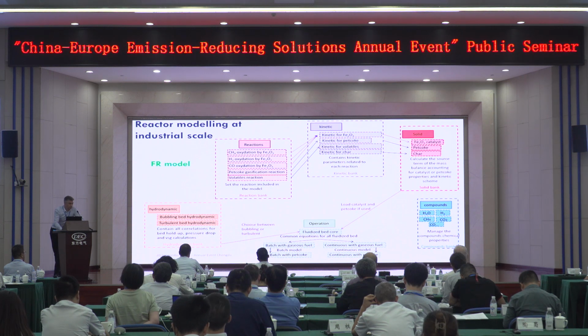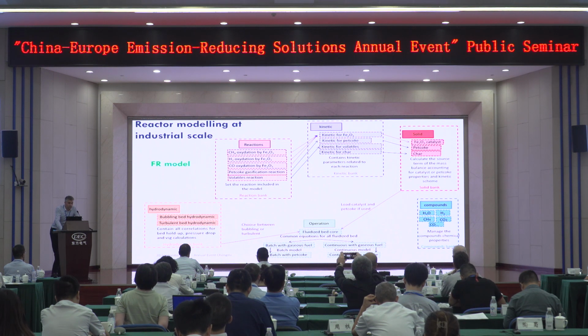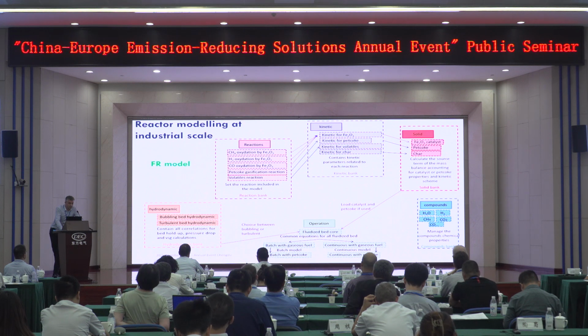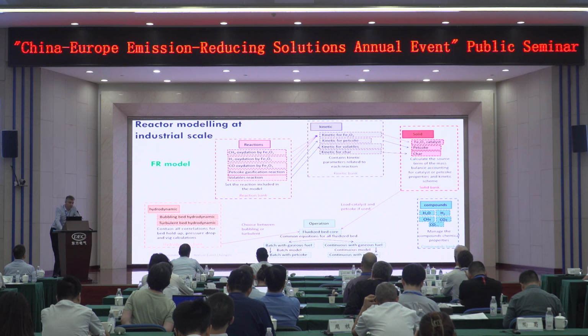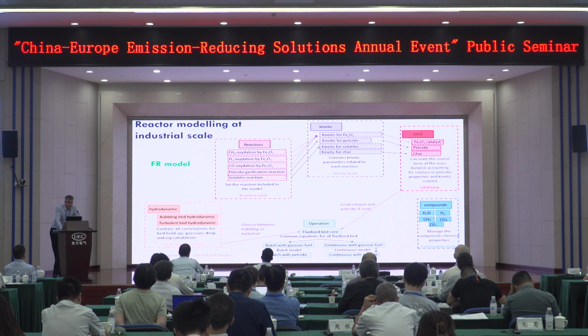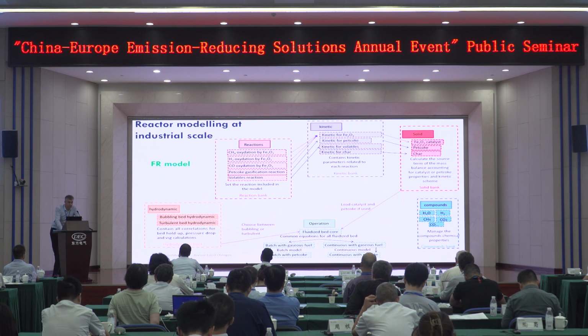And the last one, the orange one, is the hydrodynamic block, which contains all the correlations for the model. So in the final version of the model, we want to simulate two types of hydrodynamics, a bubbling bed regime and a turbulent bed regime. Yes, because the demo plant and an industrial unit, as Nicolas said, work in a turbulent regime.